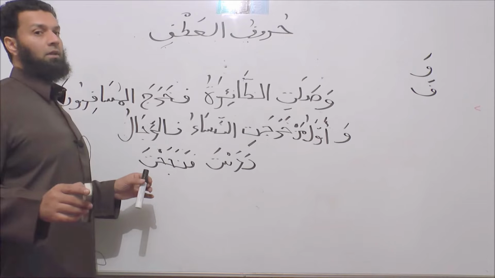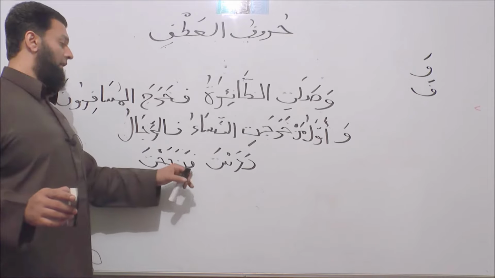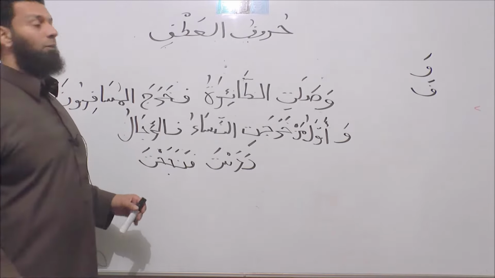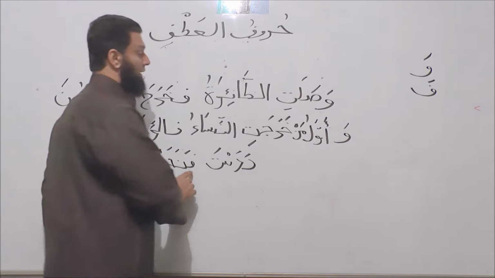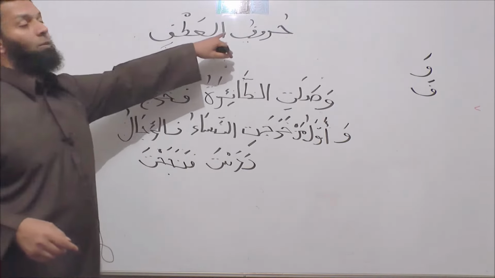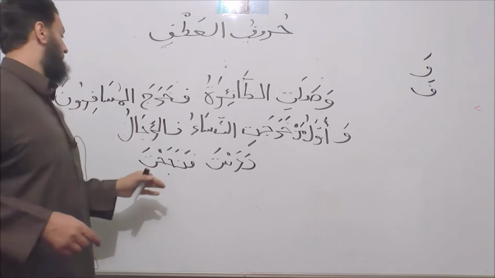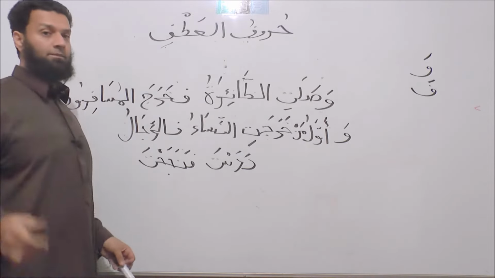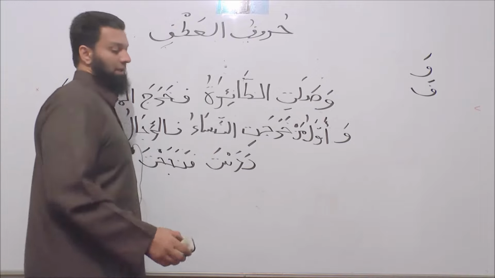What does that fall under, a different ruling or? The fa here? Yes, it's a different type of fa. We mentioned it in order to differentiate between the one which is from huruf al-atf and the one which is called fa al-sababiyya. Right?